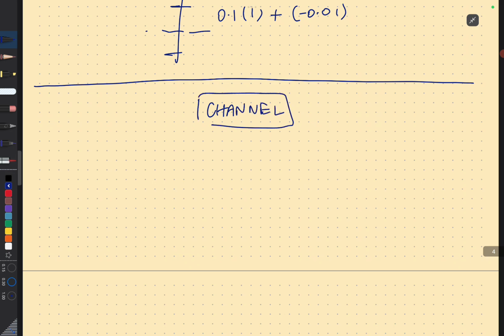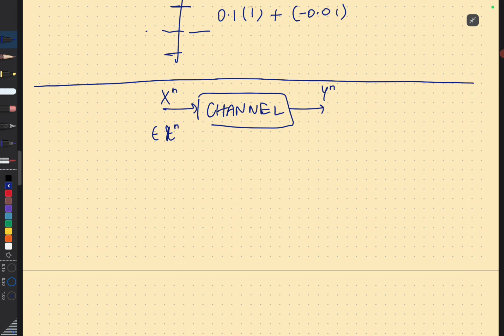We'll assume that this channel takes as input a sequence x^n, an n-length sequence x^n, and outputs a random n-length sequence y^n. We'll assume that x^n comes from some alphabet. It could be real, it could be complex, it could be a finite alphabet.